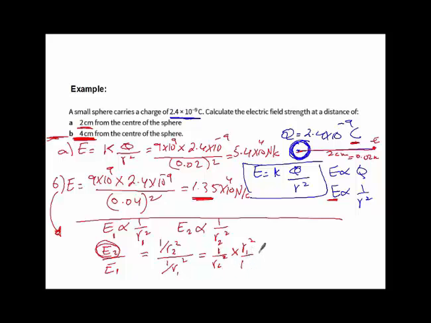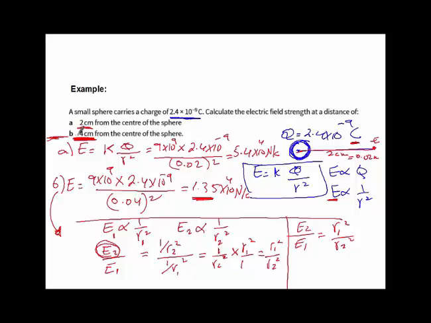So you get R1 squared over R2 squared. This is very important: E2 over E1 equals R1 squared over R2 squared. Even if we take R in centimeters, it doesn't matter, because centimeter squared will cancel with the other centimeter squared. So for ratios, units do not need to be SI units. The most important thing is that you use the same unit, up and down.